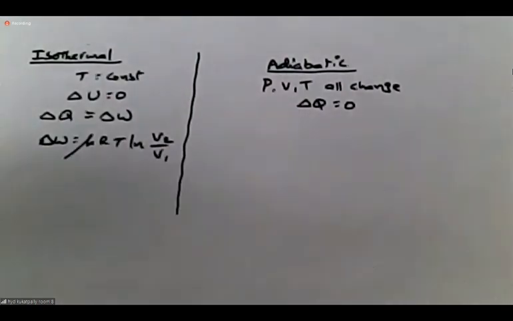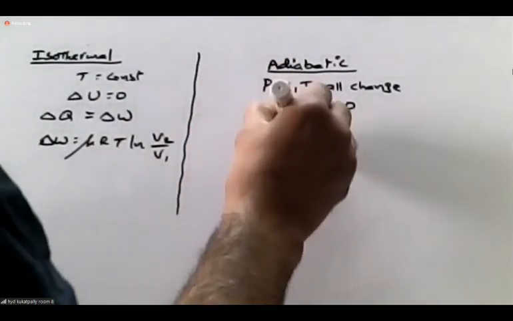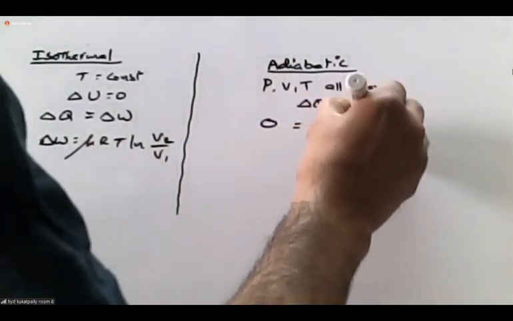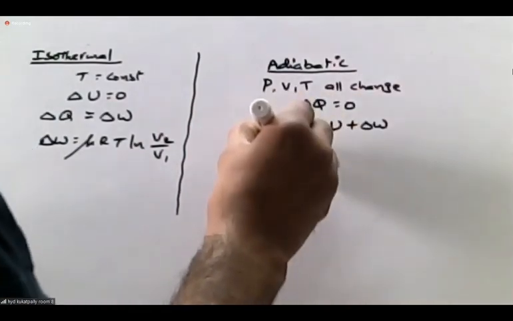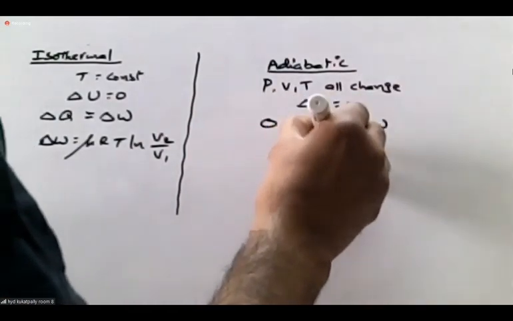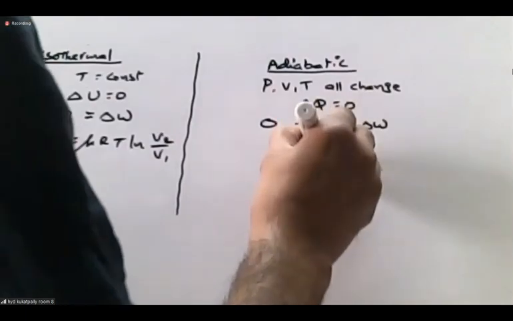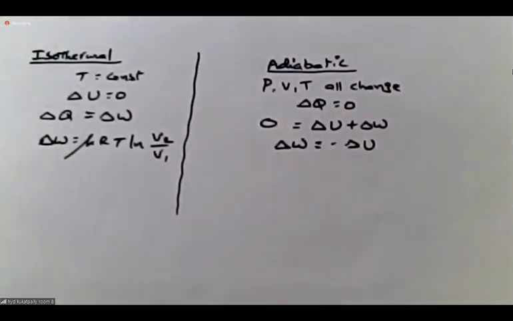Then here, when dq is 0, du plus dw is equal to 0. So delta W is equal to minus delta U. That means all work done by the gas is at the cost of stored energy. You are not providing food to the gas. Delta Q is 0. You have put a ban on the food supply.